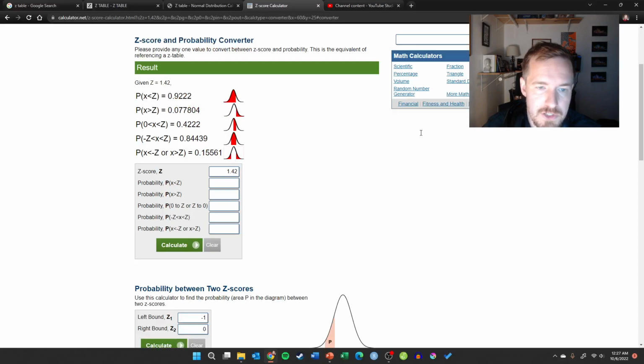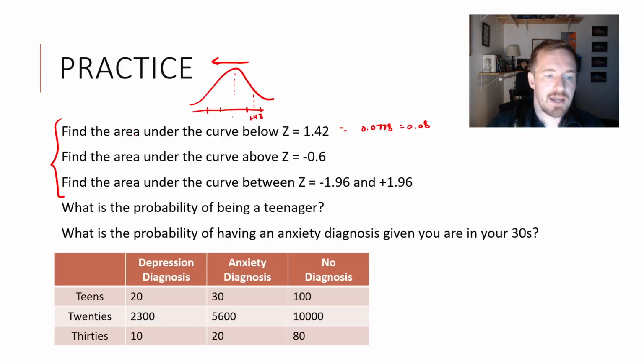I put in 1.42 and I looked at greater, and that is my problem: I was looking at everything above that point and not everything below that point. Everything below 1.42 is actually 0.92, which is quite high. It's everything right here, which is a lot of the distribution.